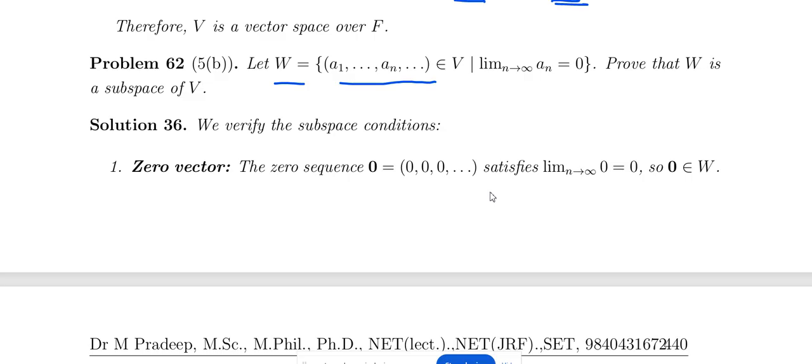When we define a set like this, it is a subset of V, because it is also a collection of infinite sequences, but with the restriction that limit n tends to infinity A n equals 0. So this is a subset of V.